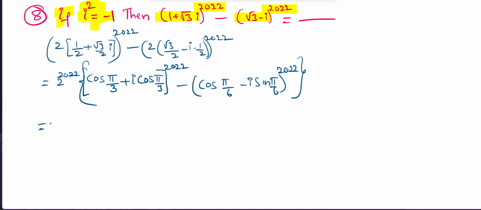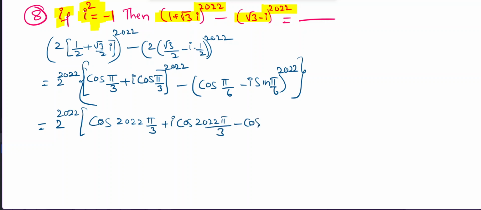Now applying DMAS theorem for this, this is equal to 2 to the power of 2022 times cos 2022 pi by 3 plus i cos 2022 pi by 3, minus cos 2022 pi by 6, minus into minus plus i sin 2022 into pi by 6.